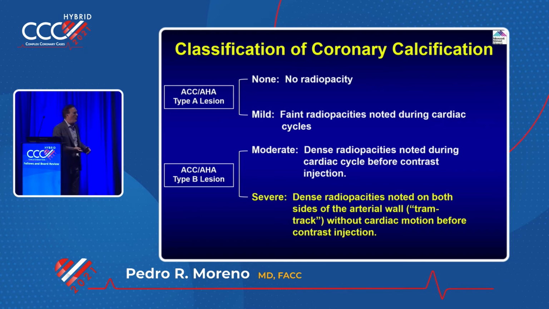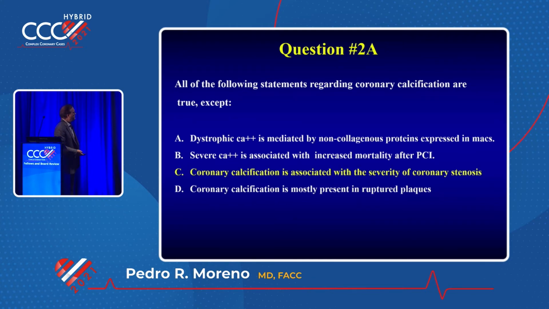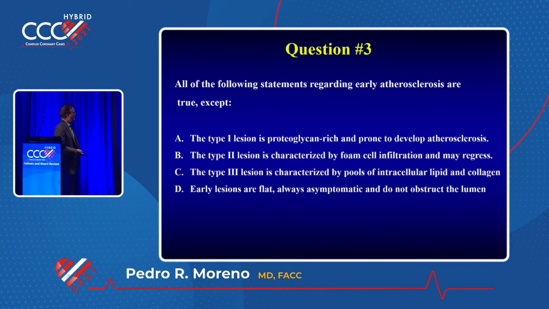And why it's not directly related to stenosis, which we know it is because of, maybe the answer is here. All of the following statements are true except, which is the wrong answer. The type 1 lesion is in the American Heart Association classification. It's foam cell-rich and prone to develop atheroma.